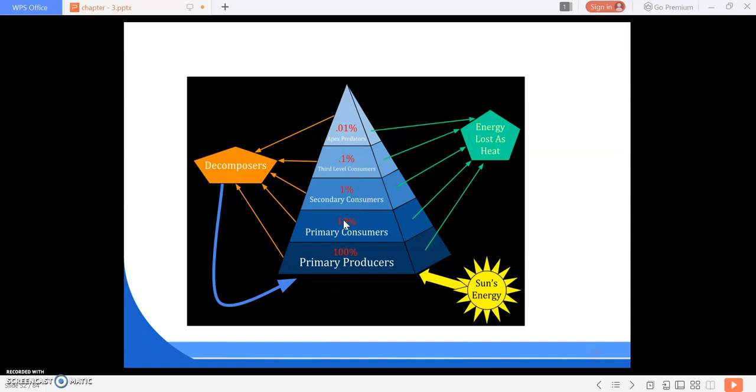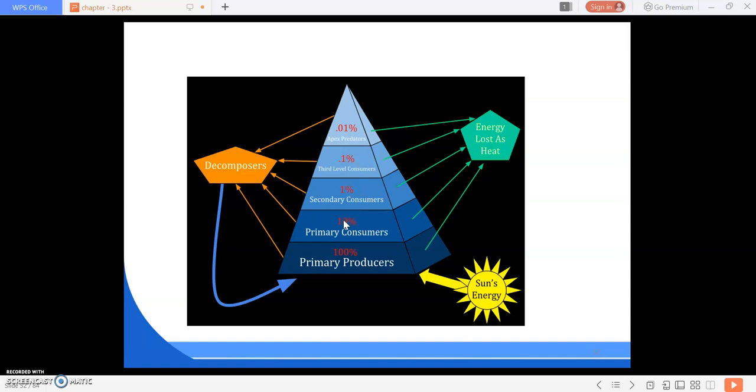And in the energy pyramid, the same concept: the producers take 100% energy, and then it decreases as we go up to another trophic level.